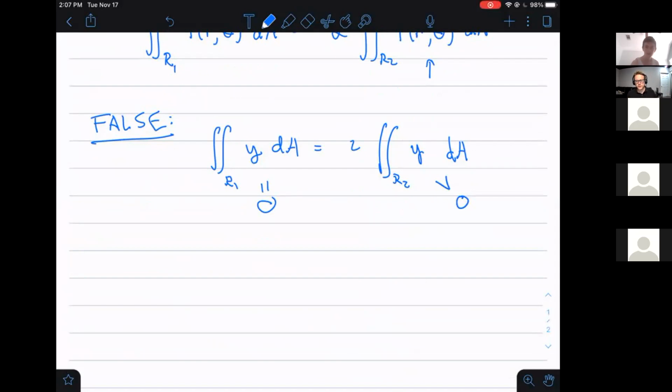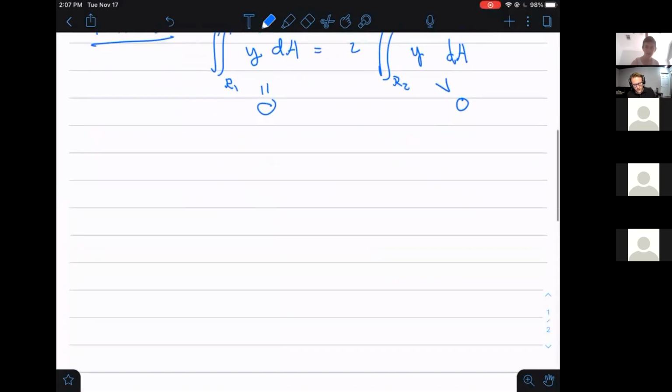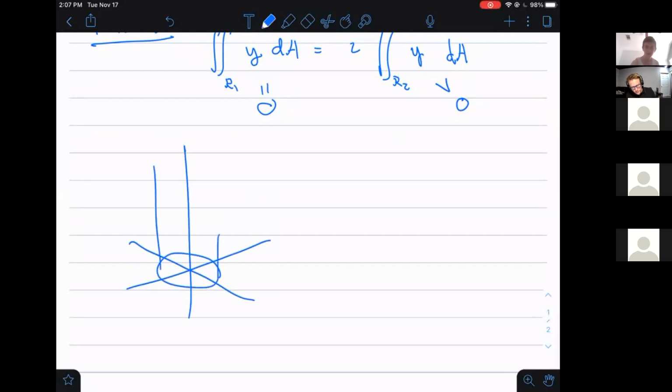You can also just choose very specific other functions and whatnot to draw these things out. So maybe if I was to do this region here, and you just choose something, a nice slanted plane on top, right?